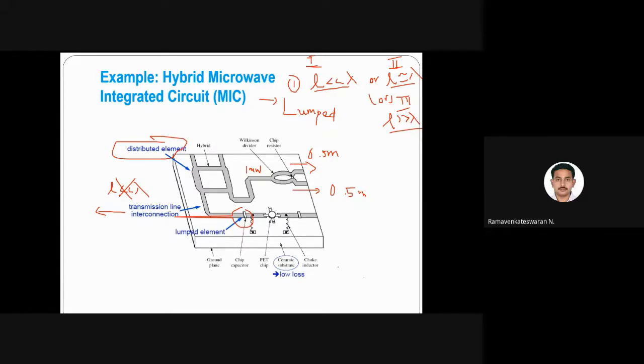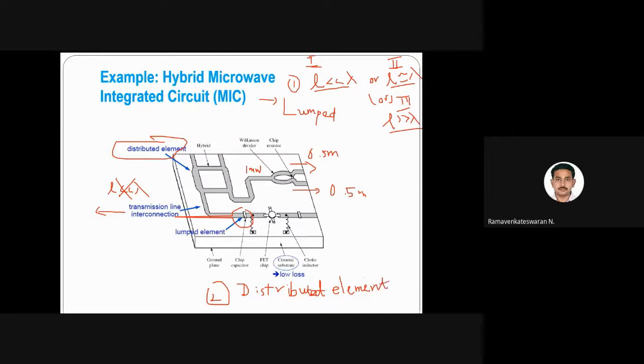And similarly for distributed, they want you to analyze it, whether it's right or wrong is a different matter. Whether you are able to understand this is the crux of high frequency circuits. Okay, this is a simple thing, but it will help in the longer run.